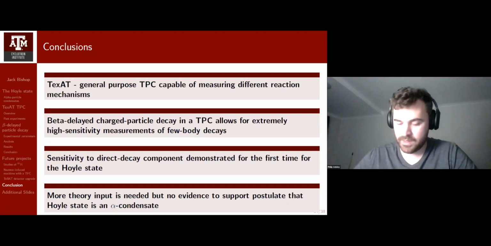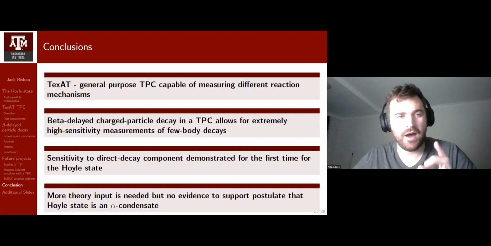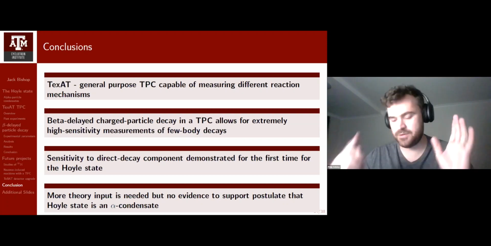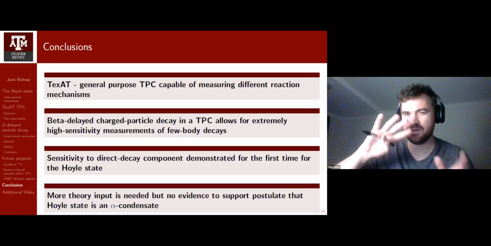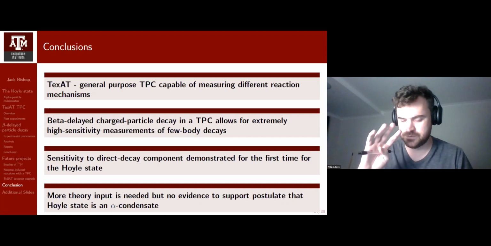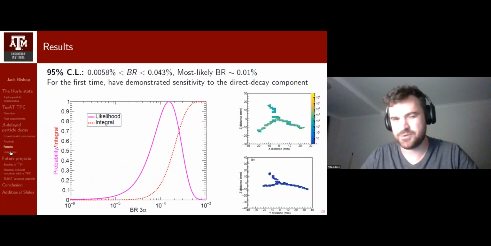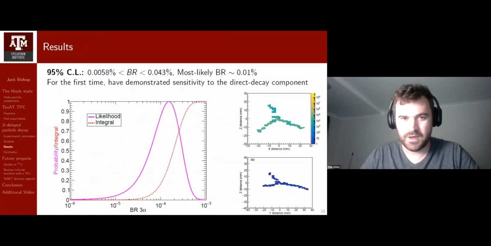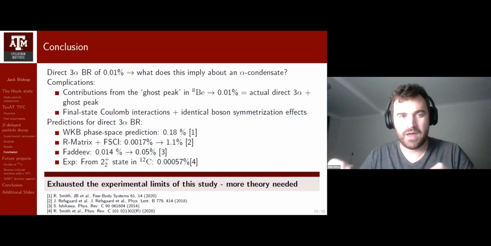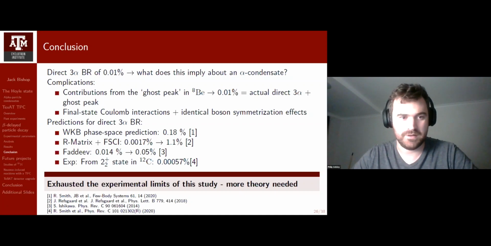Oh, okay. And the second of them is, you mentioned what you'd seen as the direct decay, and then there were conflicting signals from the decays through the beryllium 8 ghost, and I wasn't sure how those are distinguished. So yeah, I think I missed that. Right.